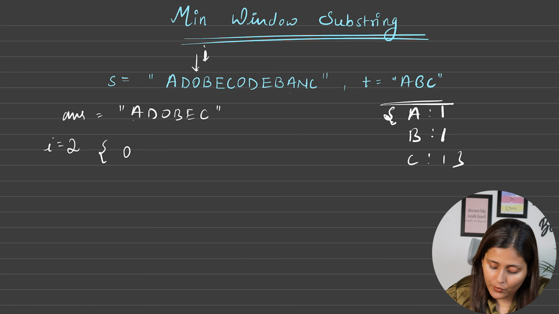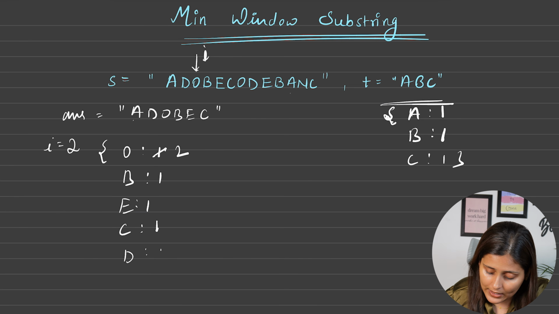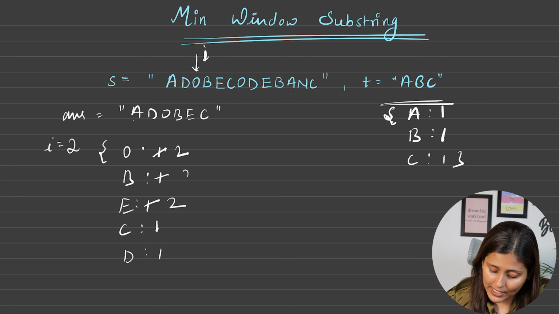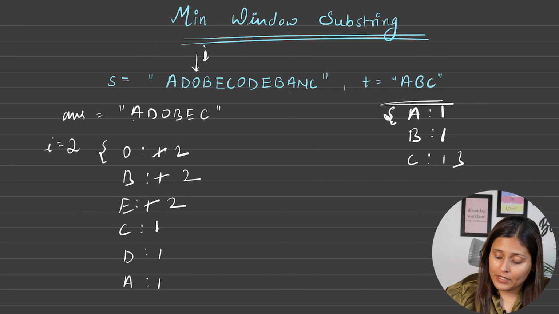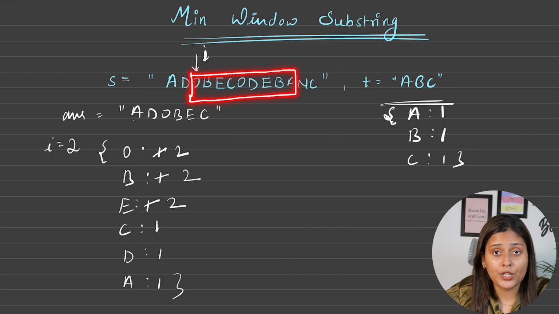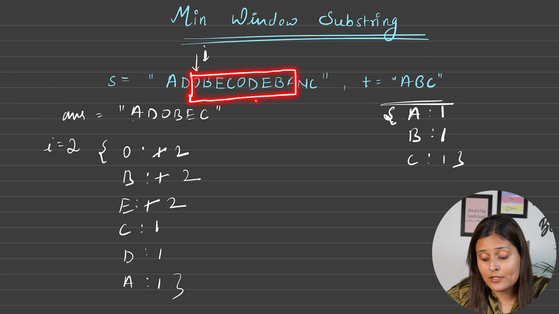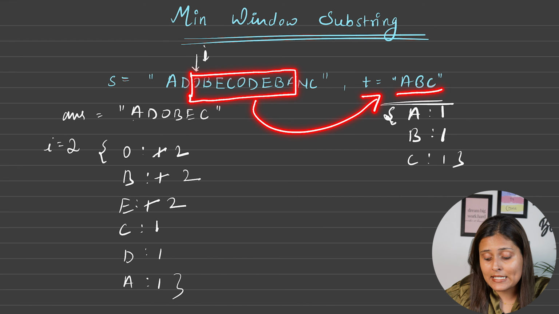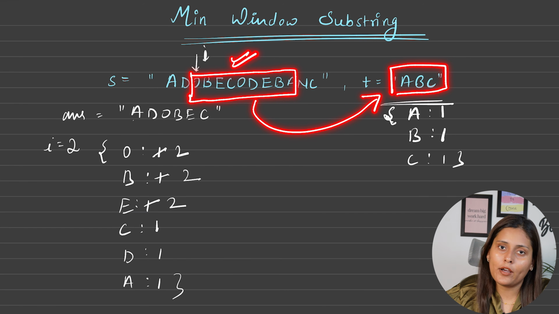So first we'll add O1, then B1, then E1, then C1, then again O 2 times, then D for 1, E for 2 times, B for 2 times and A for 1 time. Now here also from here to here I can say yes, we have found our substring that is valid, means that it contains all characters with that exact frequency, but this length is longer, hence we don't want that.